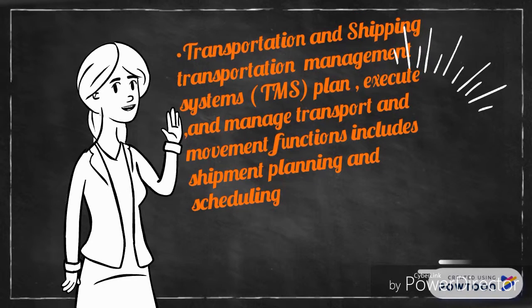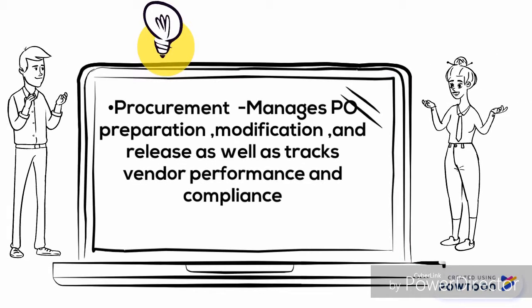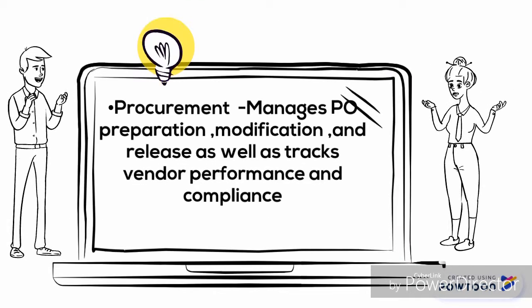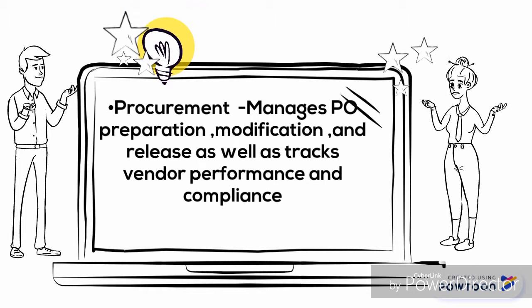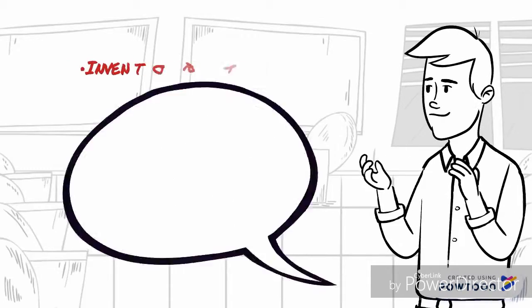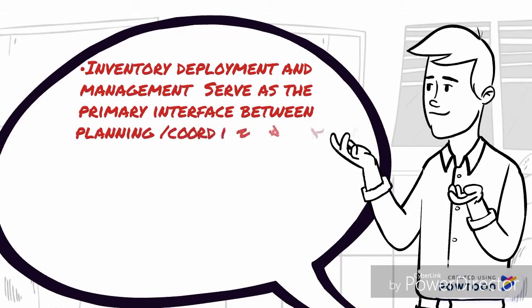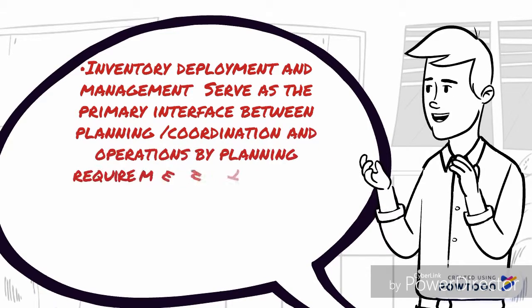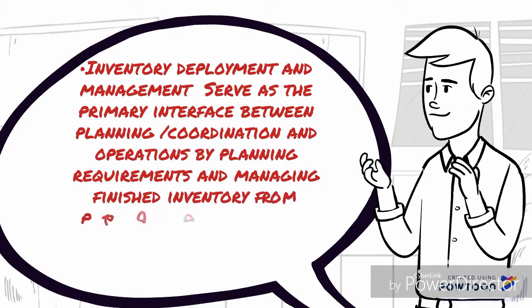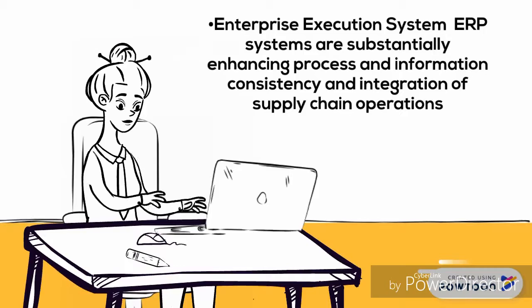Transportation and shipping. Transportation management systems (TMS) plan, execute, and manage transport and movement functions. Procurement manages PO preparation, modification, and release as well as tracks vendor performance and compliance. Inventory deployment and management serve as the primary interface between planning, coordination and operations by planning requirements and managing finished inventory.